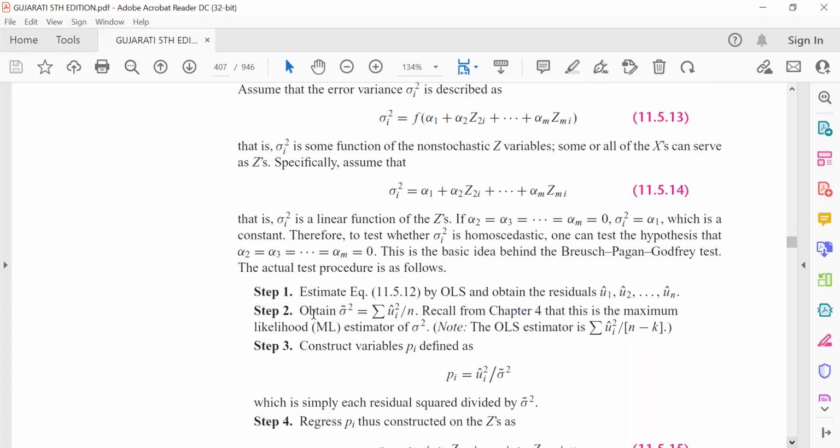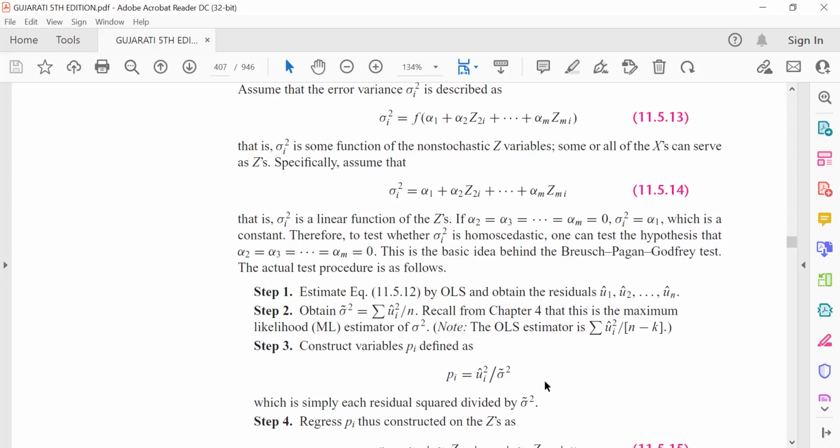Okay, how to estimate this one? First we estimate the OLS, and then we get residuals. Here we square the residuals, we divide by n, and we have tilde sigma square. We use this tilde sigma square.